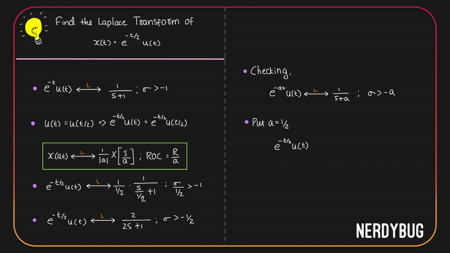This is going to be 1 by s plus 1 by 2, and sigma is greater than minus a or minus 1 by 2. Now 1 by s plus 1 by 2 will be 1 by 2s plus 1 divided by 2, or 2 divided by 2s plus 1. Now that is exactly what we got over here.